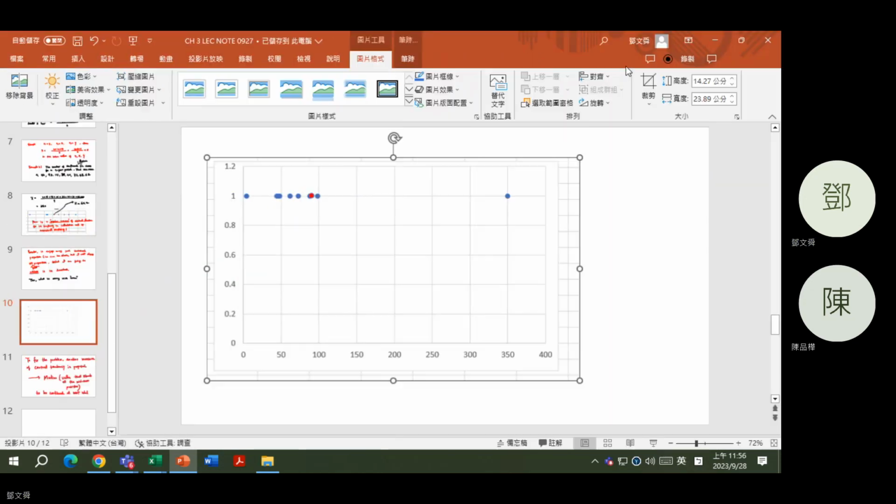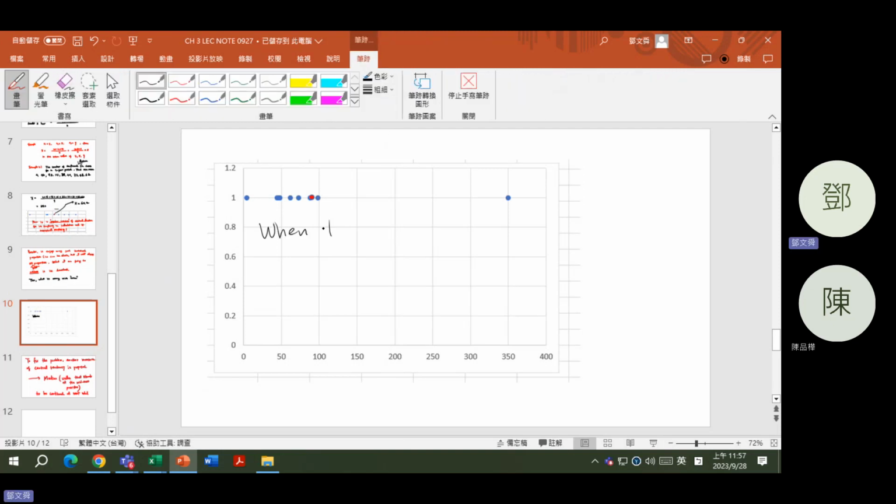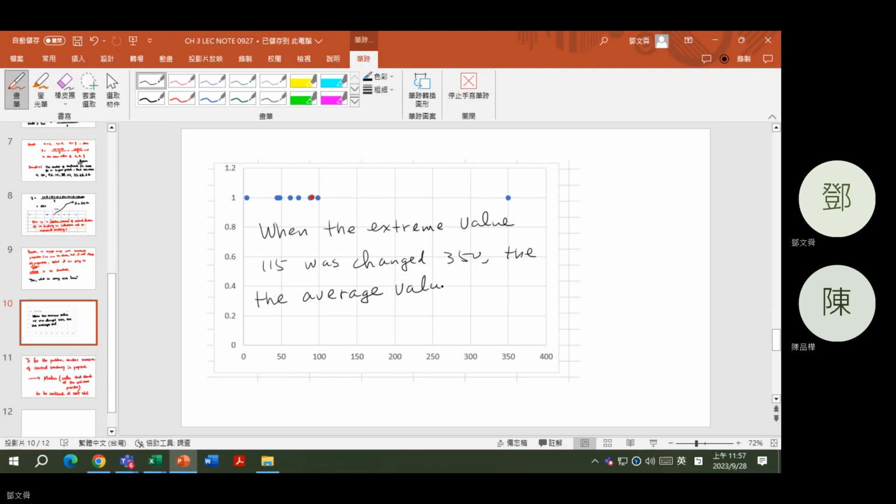When the extreme value 115 was changed to 350, then the average value, or the mean, is driven to the right further, accordingly.